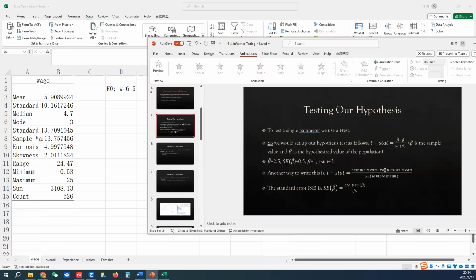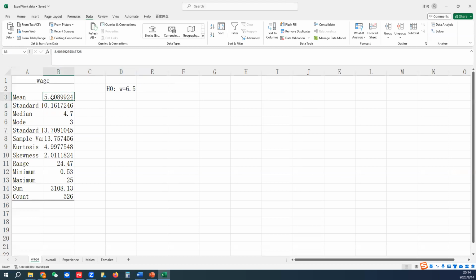That is the population mean, and your sample mean is 5.9. So here, the numerator equals, let me put 6.5 in the second cell. Later on, it's easier for me to calculate.